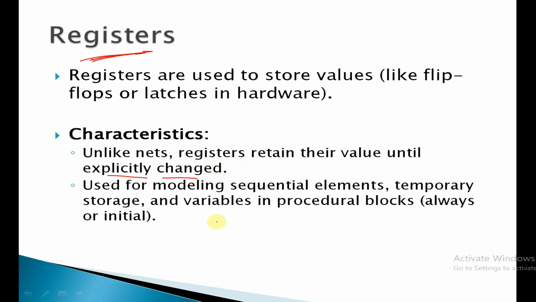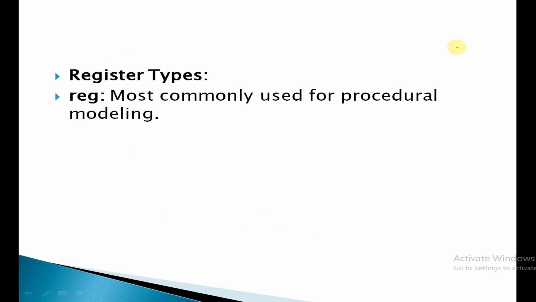And these are used for modeling sequential elements, temporary storage, and variables in the procedural blocks, always or initial, that we will see in the BFM, that is the behavioral flow of model. So if you want to store any value or any number, you can use this particular register.